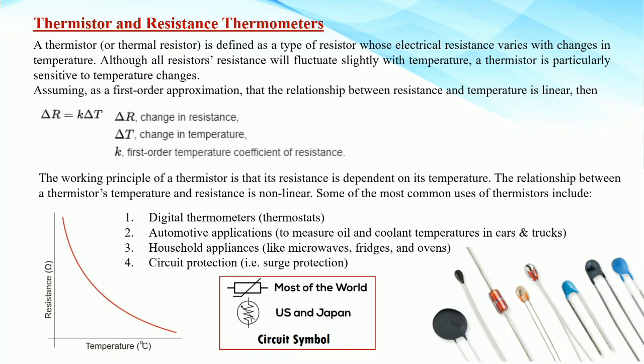The thermistor can be classified into two types depending on the sign of K. Thermistors are composed of a sintered mixture of metallic oxides.